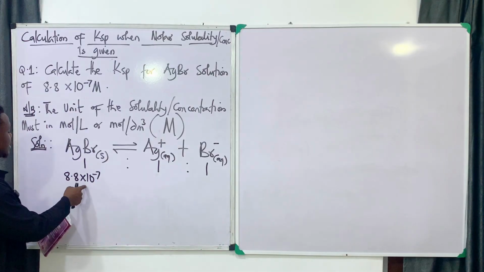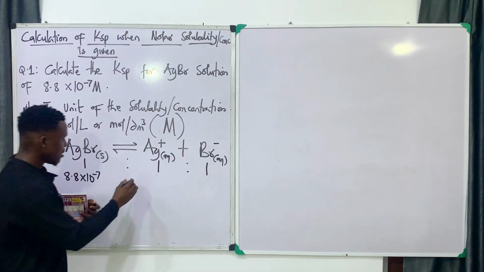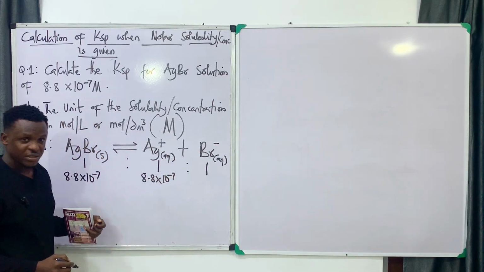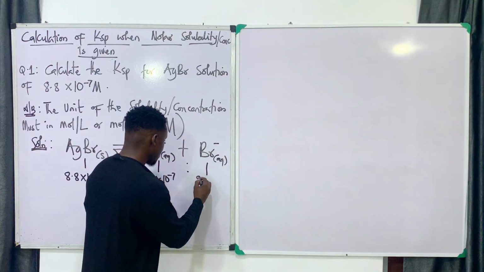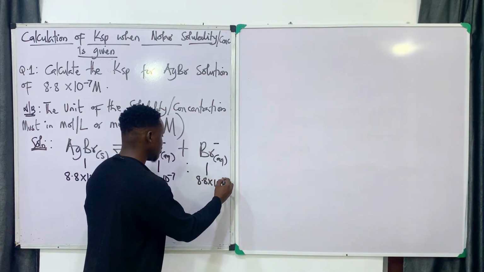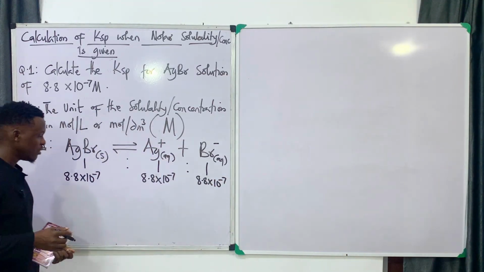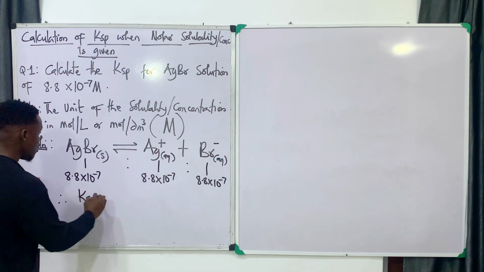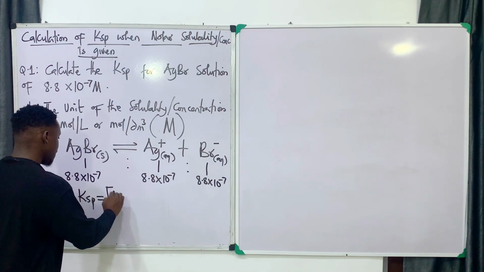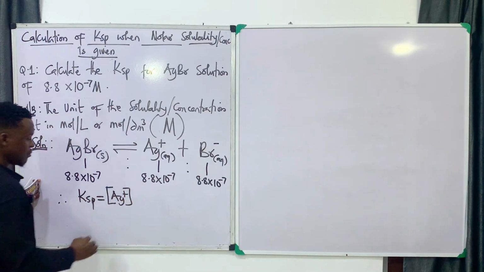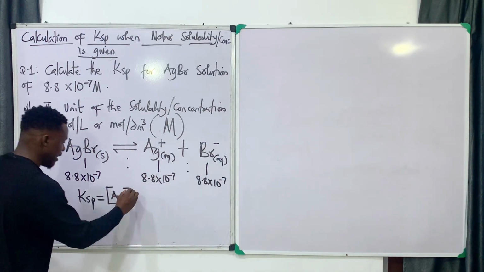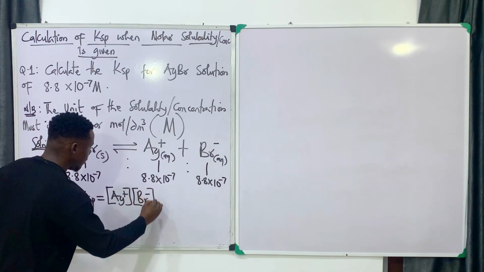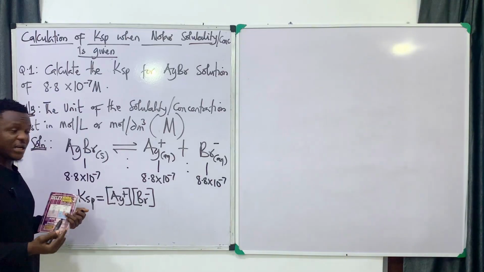So if I have 8.8 times 10 raised to the power minus 7 here, here will also be 8.8 times 10 raised to the power minus 7. Therefore, I'll now say Ksp will be [Ag+] raised to the power of 1, but I'm not going to write it since it is 1, times [Br-] raised to the power of 1, but since it is 1, I'll leave it out.